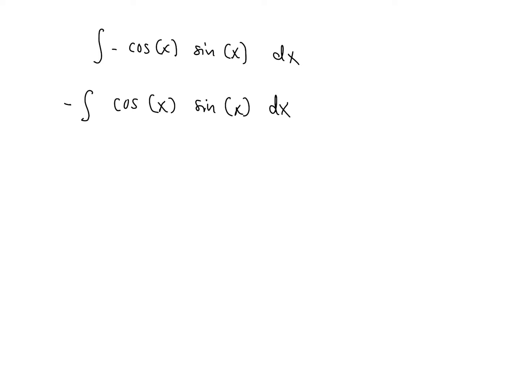Alright, now let's see these facts. If we differentiate cos x, we get negative sine. So let's say u equals cos x. If I differentiate u with respect to x, I have du over dx equals negative sine x.